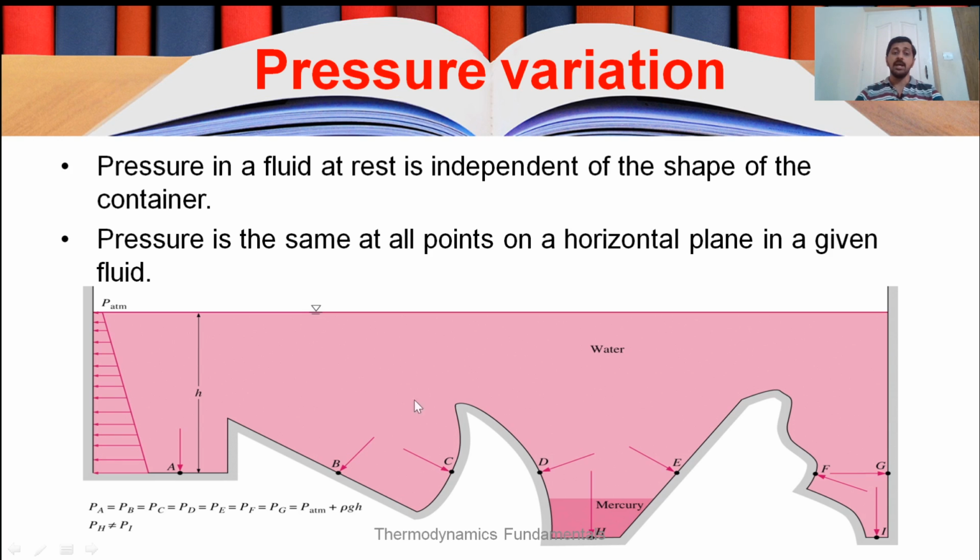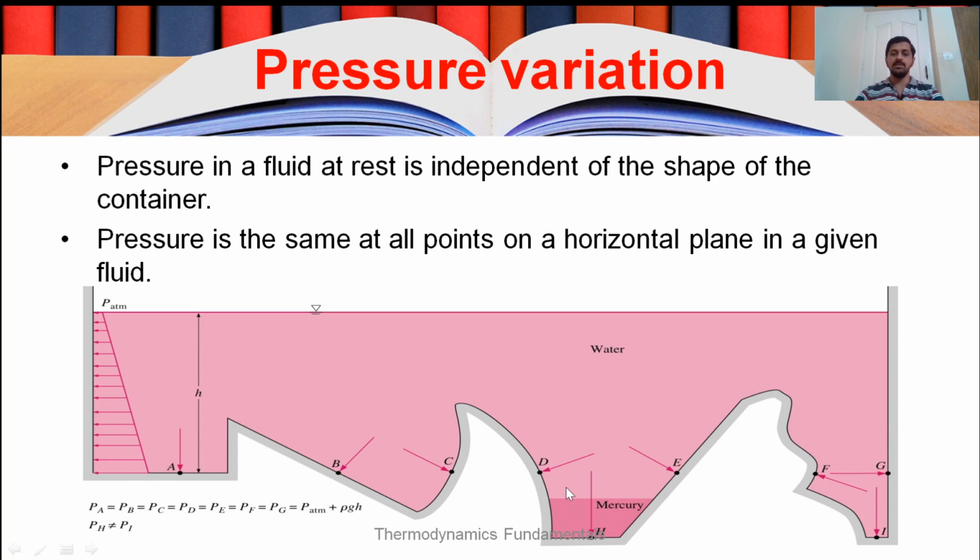They are also connected with the same fluid, water. That means these points will experience the same pressure. There won't be any deviation in pressure at these points, A through G.